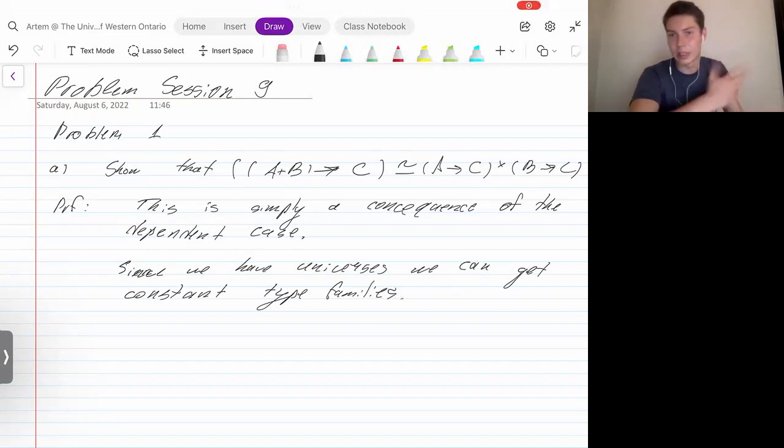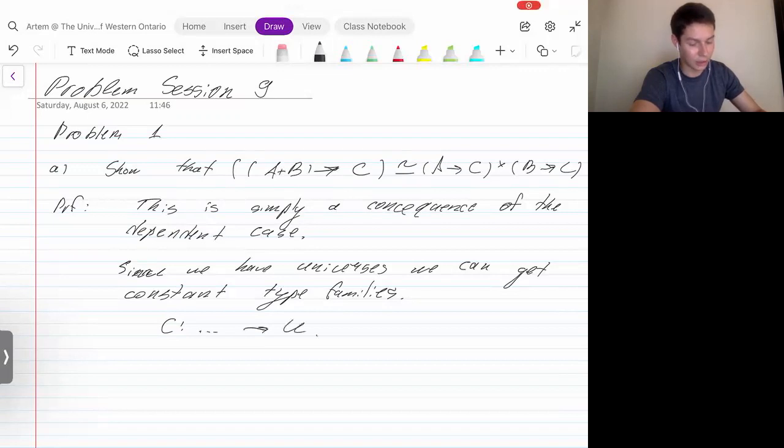So if, for example, C is non-dependent, then you can simply postulate C as this constant function that goes from whatever context you have and maps it into the universe.